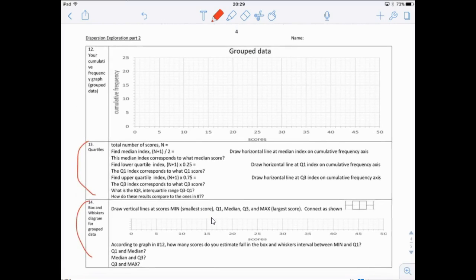Okay. And so just to answer the question that I posed earlier, which is, why is it useful to use group data instead of ungrouped data? Basically because when you're doing statistics over thousands and thousands of data points, it doesn't really matter if you're looking at every single score separately. You're looking for trends.